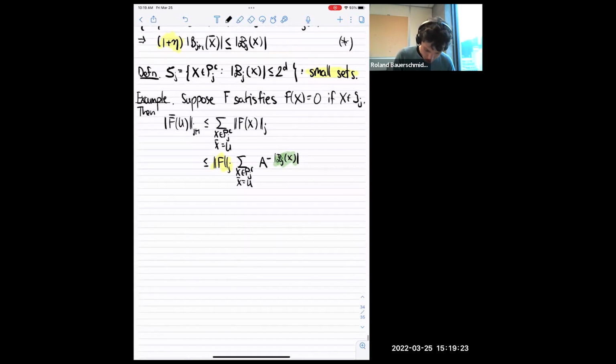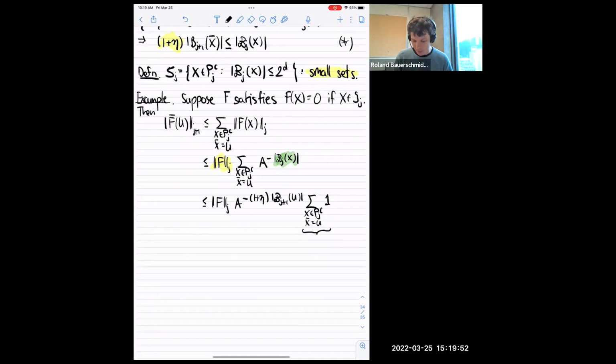So what we get is this is less than this norm of f, which always carries through, a to the minus 1 plus eta, number of blocks j plus 1 in u, and then the sum only, there's only one. It's just only once in the sum at this point.